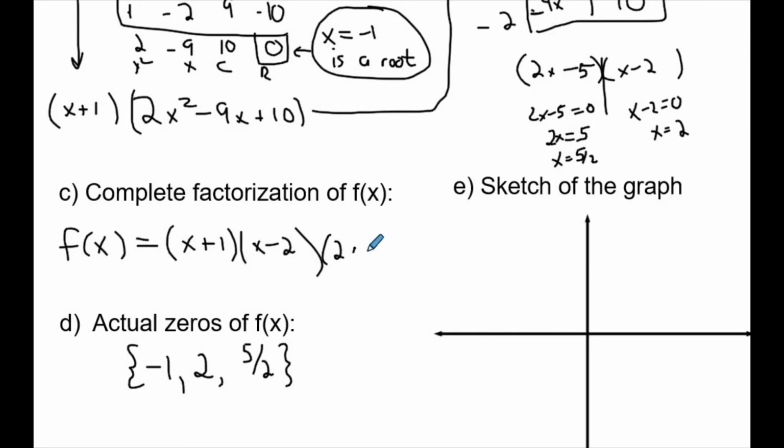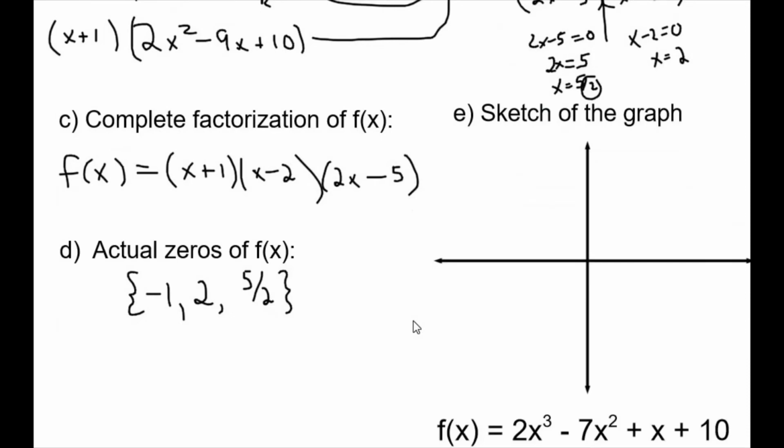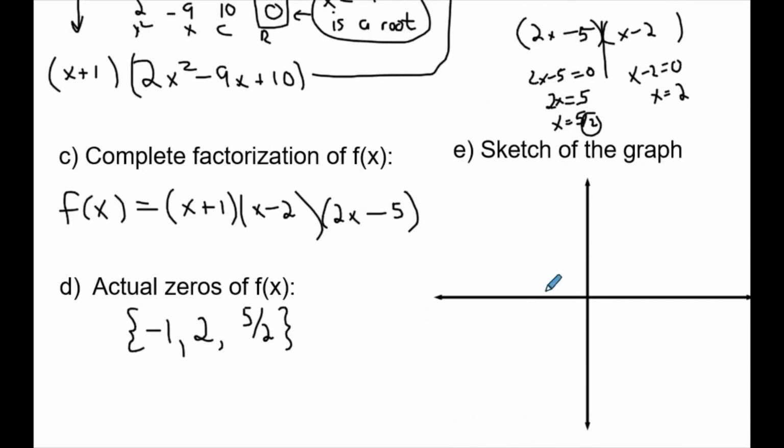Just make sure you check that. It is an easy thing to do, and it goes back to the problem I did earlier in this lesson that says that this is always the coefficient, and this is always what you add or subtract. So the last thing to tie everything together is to sketch this graph. When we sketch the graph, we're going to put an axis on here.